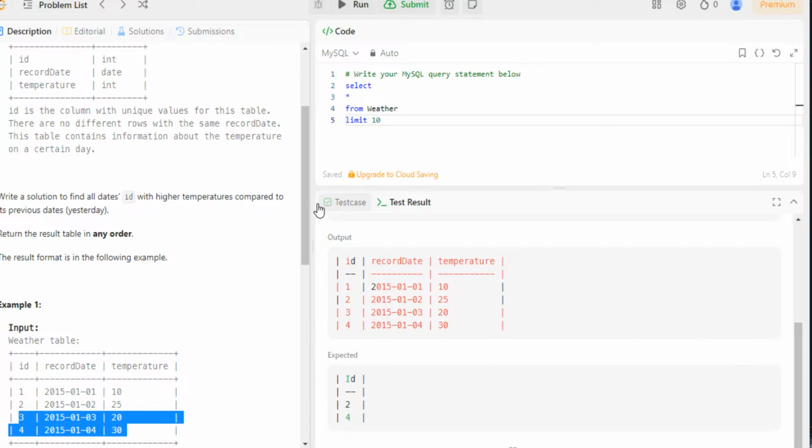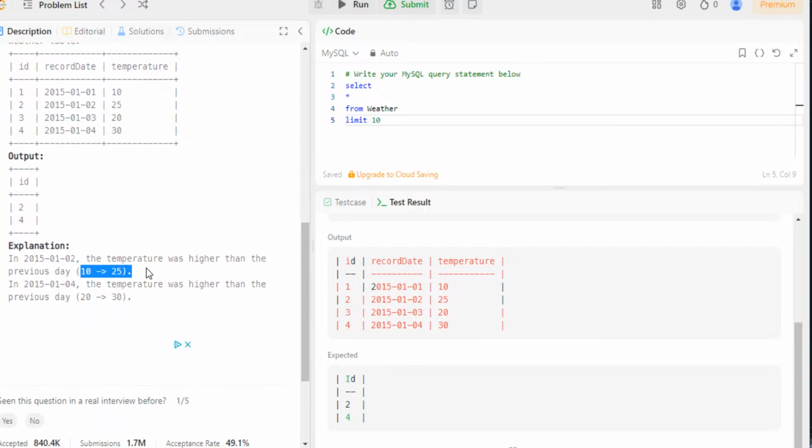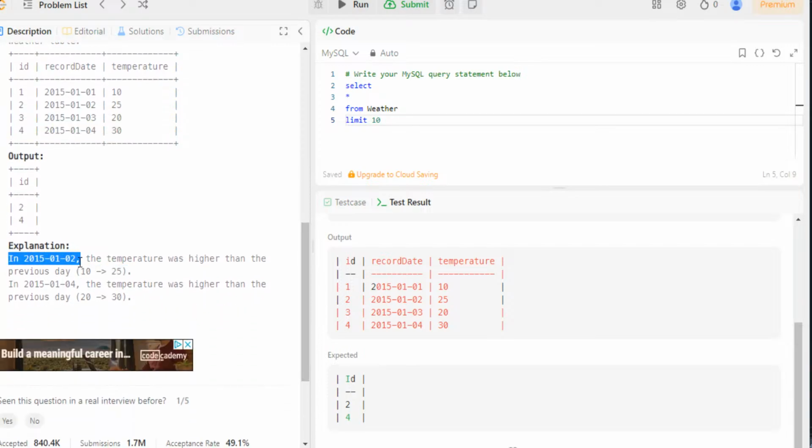If we look really close here, sometimes the temperatures are even, some are greater and some are lesser. So in the explanation for the second, we'd set greater than.